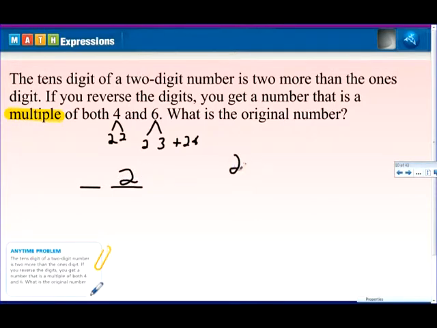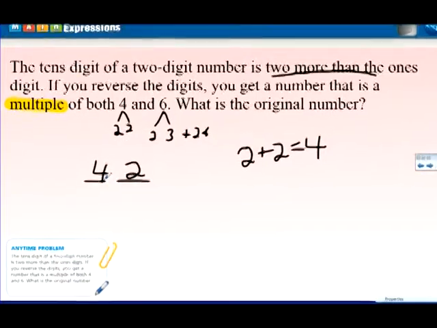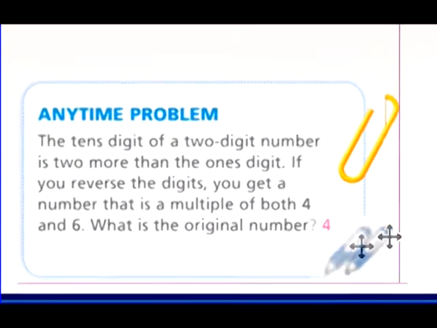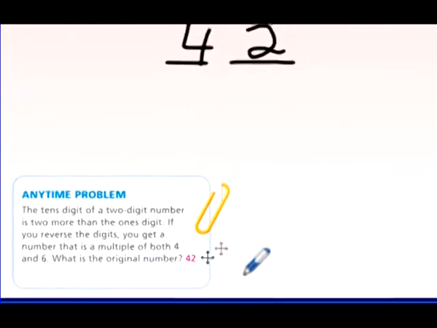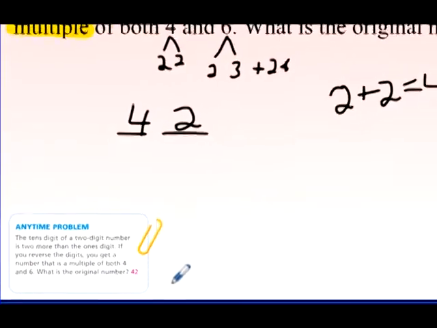What's 2 more than the ones digit? 2 plus 2 equals 4. Let's try 42. And let's see the answer. You can't see it down here, but it says 42. We got it.